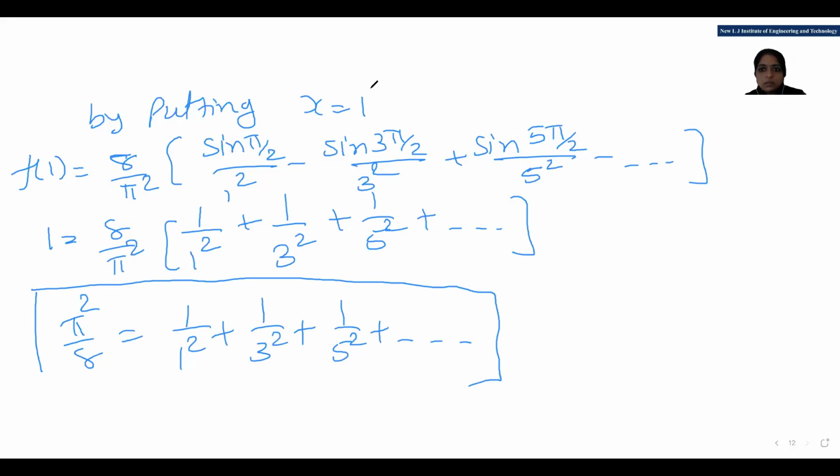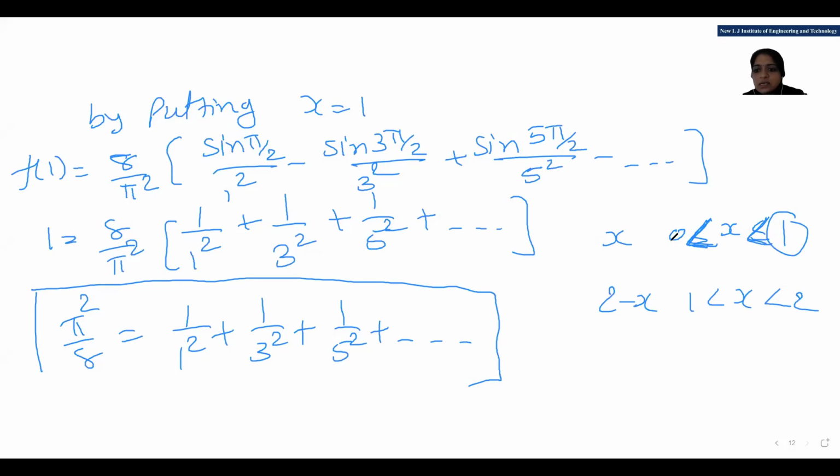One query is there: why is 1/2 taken in f of 1? See, Unnati, if our function were given as x for 0 less than or equal to x less than or equal to 1, and 2 minus x for 1 less than x less than 2, then we would have a specific value at 1. But in our given question, there is no specific value at 1.